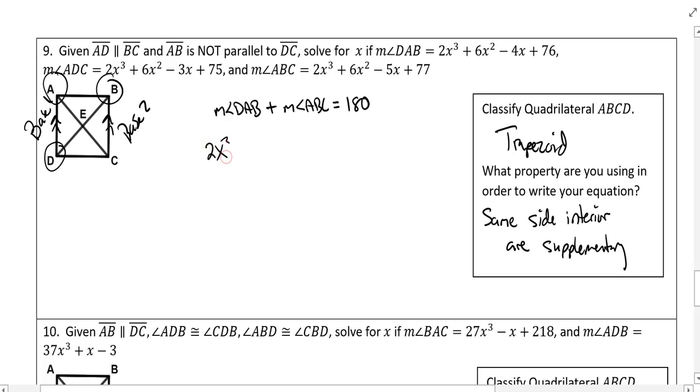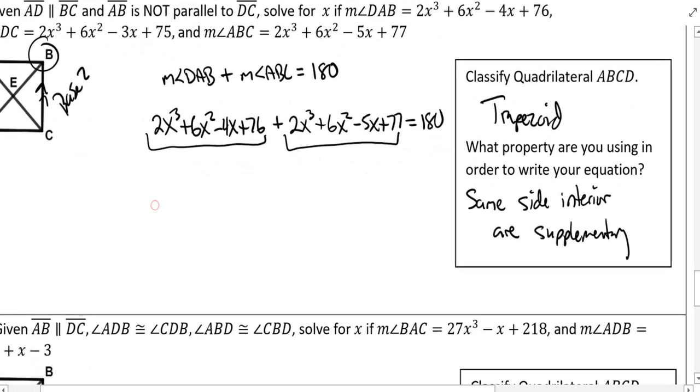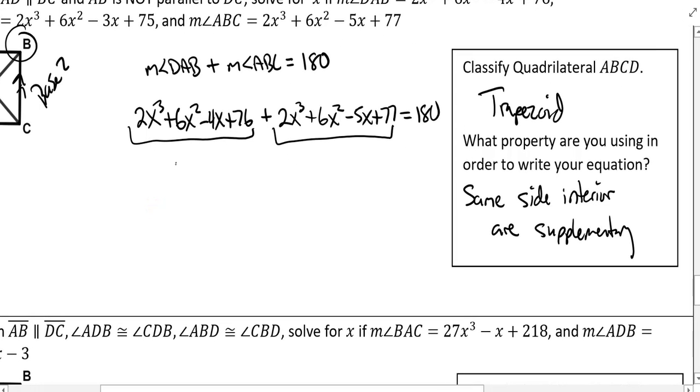So 2x to the third plus 6x squared minus 4x plus 76, that's one of the angles, plus 2x to the third plus 6x squared minus 5x plus 77, and all adds up to 180. Combine like terms.